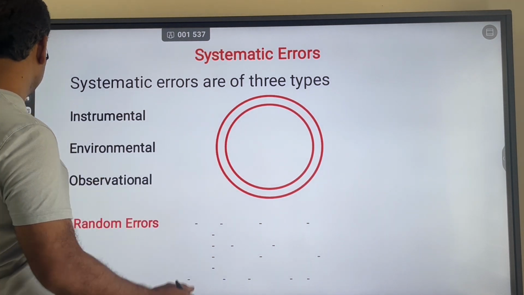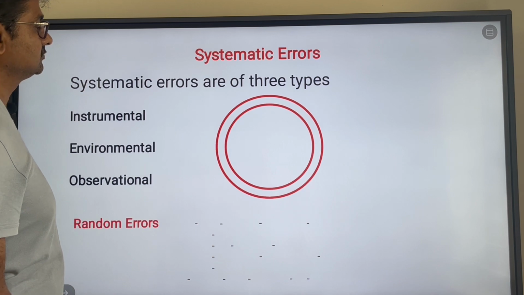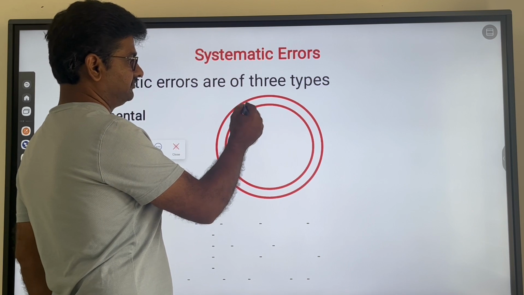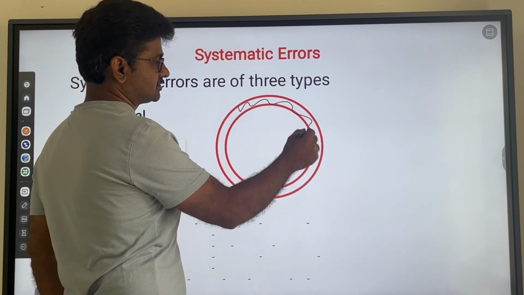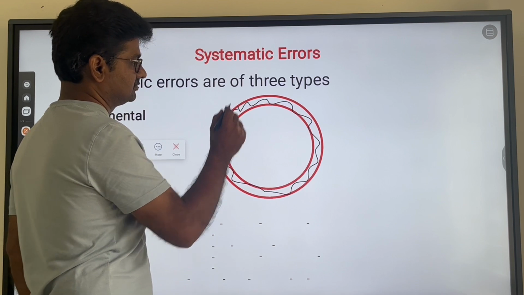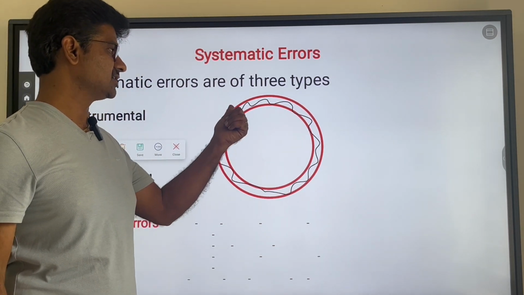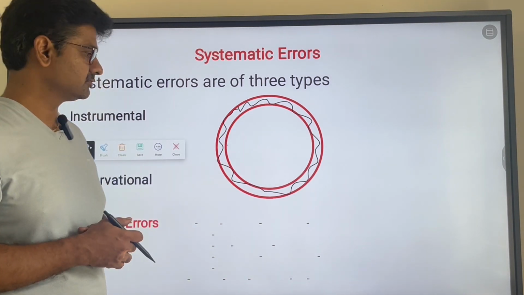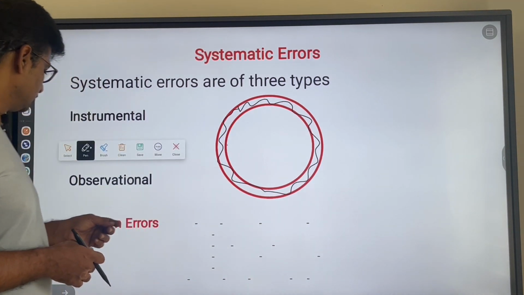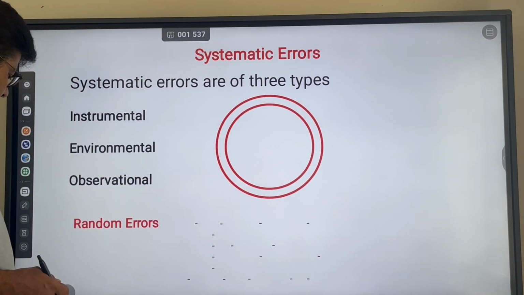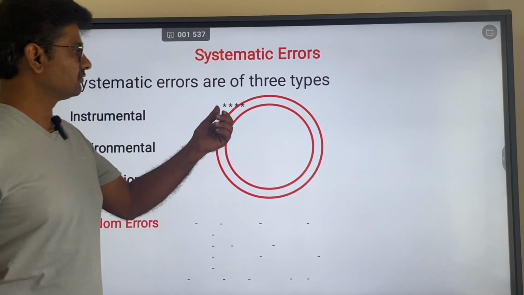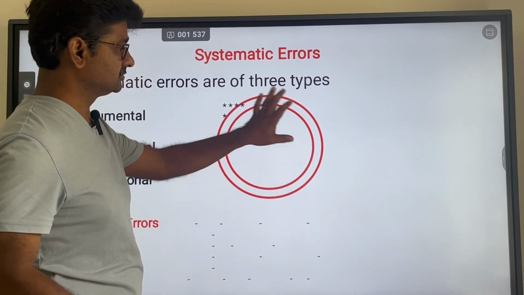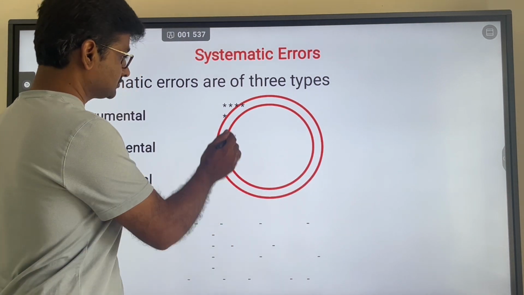Suppose this is the acceptable range, where we need to have the values. This is the lower range and this is the upper range of acceptable values of any measuring instrument, for example. Now let us see. See here, your values are within this, it is acceptable, or I would say accurate, if they are in these two circles.